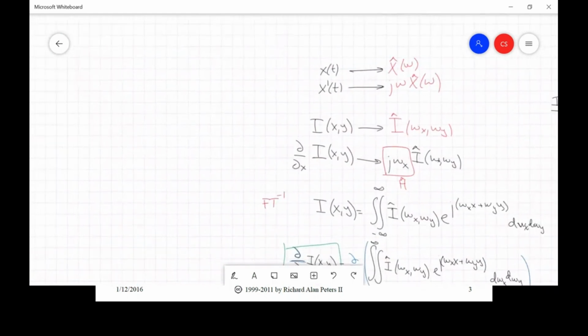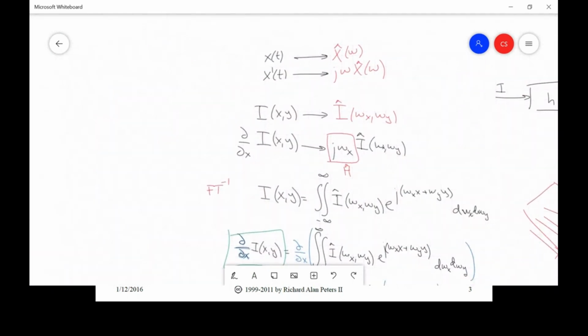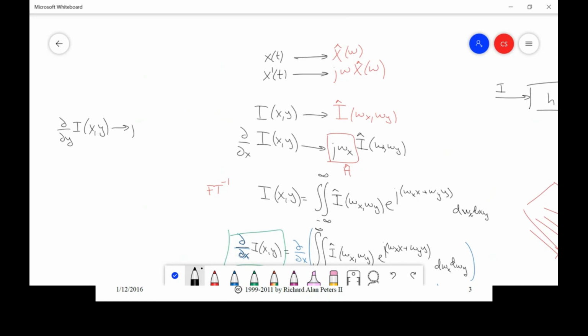Okay, so we know now how to compute derivatives with respect to x. What about the derivative with respect to y? So now we will not show it, but you can imagine what is the result. If you want to differentiate with respect to y, the filter will be the same, but now the frequency by which you have to multiply is omega y.